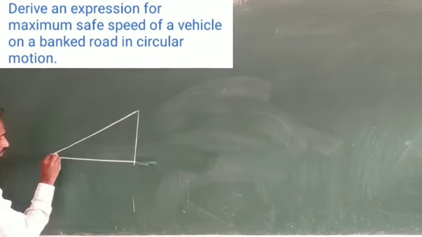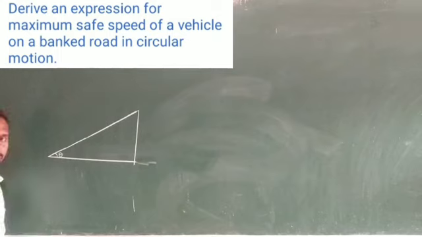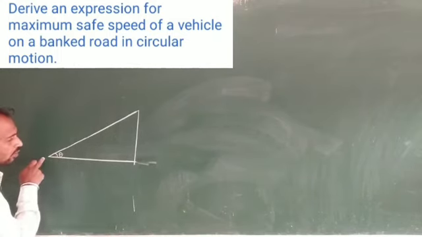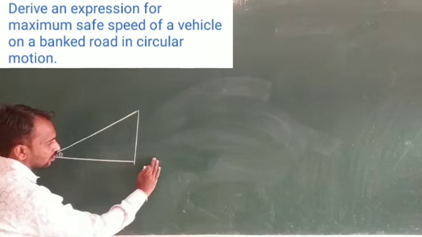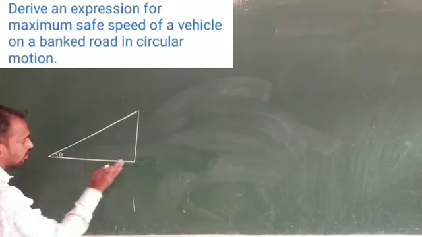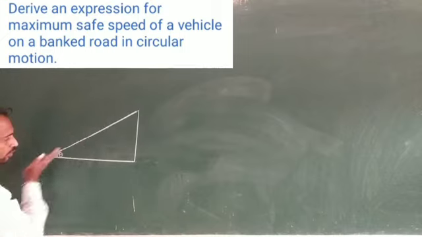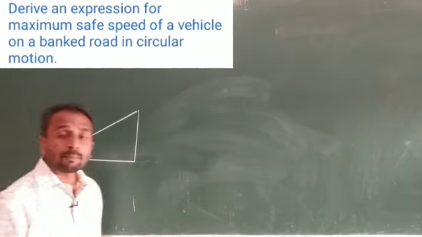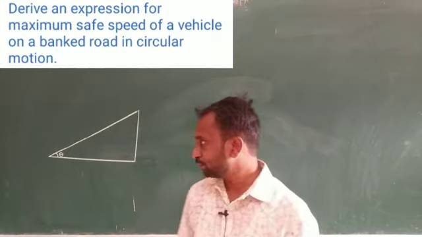This is the angle of banking, the angle between the horizontal surface and the banked road. So this is an inclined plane and this is a horizontal surface, and theta is the angle of banking.